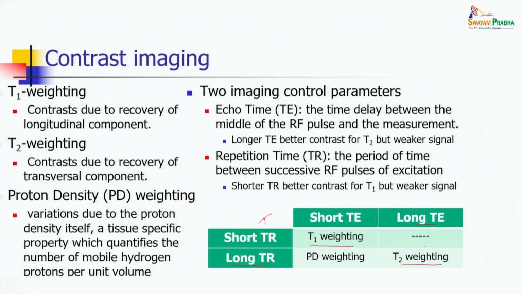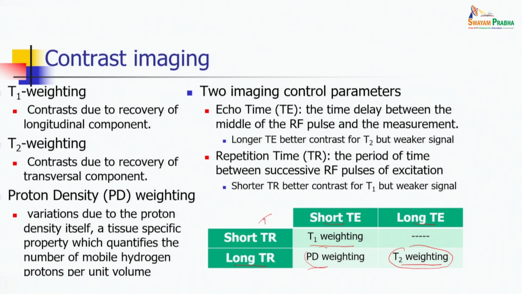Whether you are measuring the transversal field or the longitudinal field, your T2 will have the respective contrast. And if you have a short echo time and long TR, then the effects of both recovery and decay are not making any contrast, but the net magnetization varying over the tissues will be reflected, and that is called proton density weighting mode.